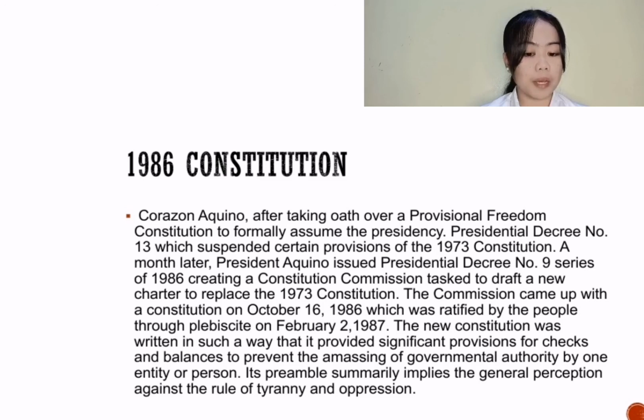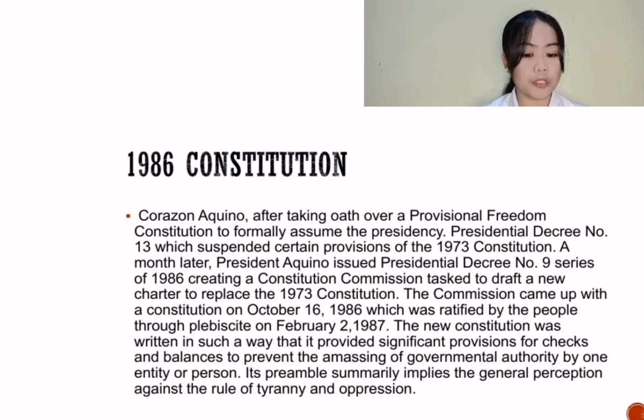The commission came up with the Constitution on October 16, 1986, which was ratified by the people through a plebiscite on February 2, 1987. With Presidential Decree number 58, the new Constitution came into full force and effect on February 11, 1987.